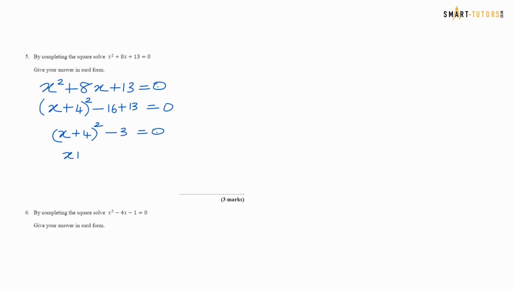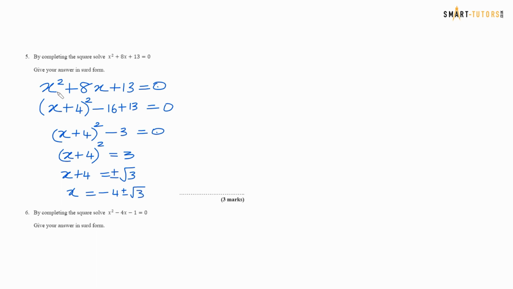So x plus 4 whole thing squared, minus 3 goes the other side, is 3. x plus 4 equals plus or minus square root of 3. So the answer is x equals, plus 4 is going the other side, so minus 4 plus or minus root 3.